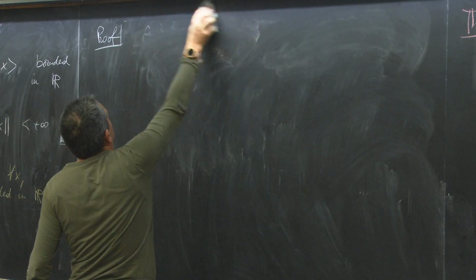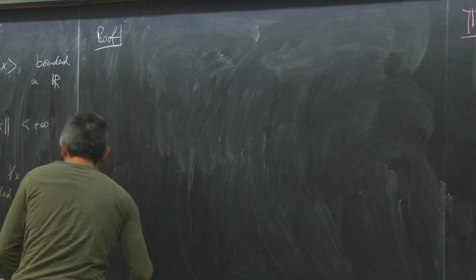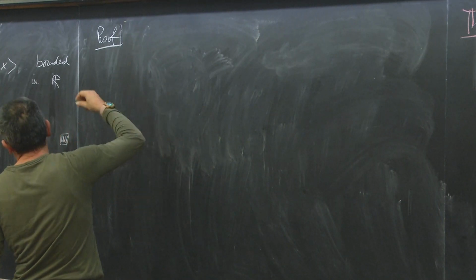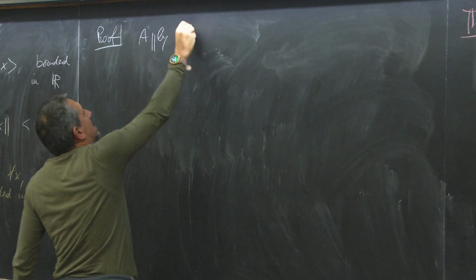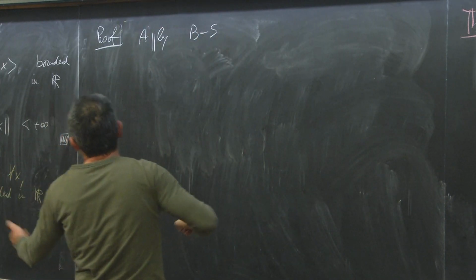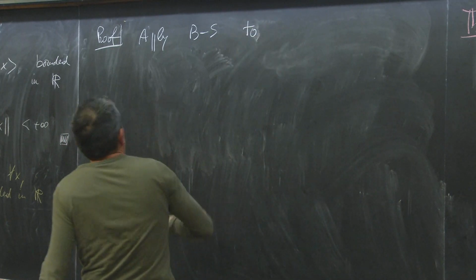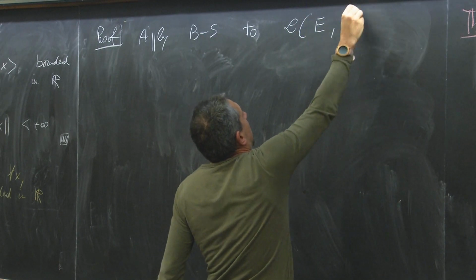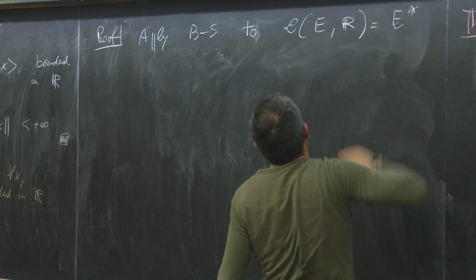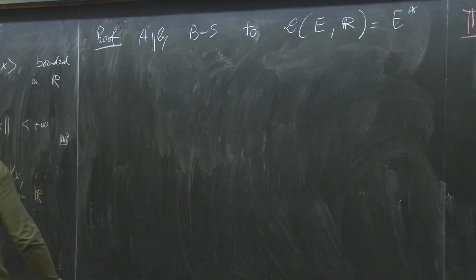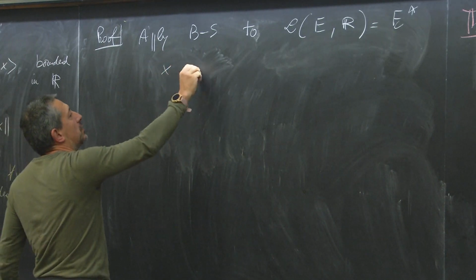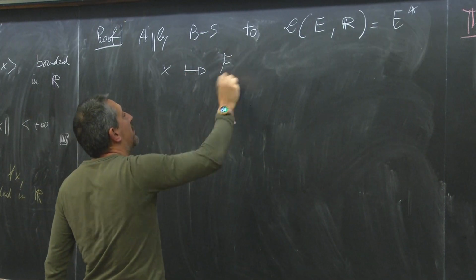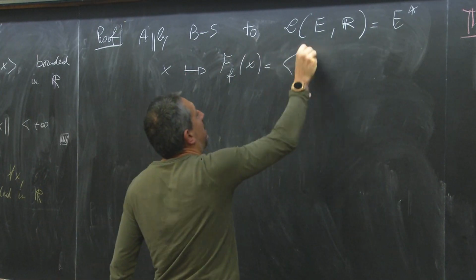Okay, let's do the proof. I think I'm confusing you instead. The thing is, before applying Banach-Steinhaus to the linear operator of E with values in R, which is E star, the statement tells me that for all x, I associate f of x, which is fx.